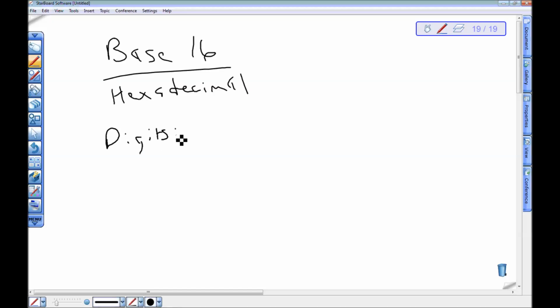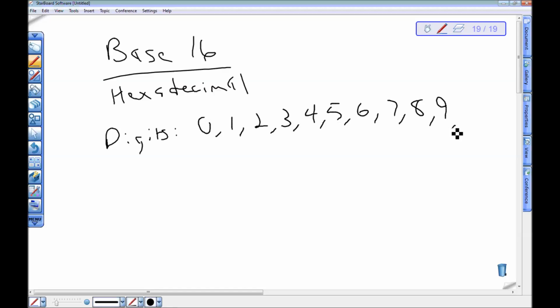Now this is a base 16 system, but let's go with 0, 1, 2, 3, 4, 5, 6, 7, 8, 9. But now I have a problem because this is base 16. I need to have symbols for everything up to 15, and I only have symbols up to 9 here.